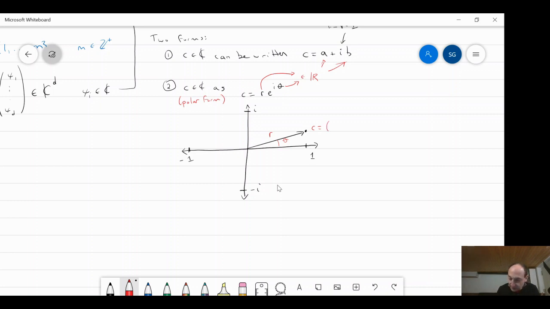In my notes I have this point as cos theta, sine theta, which doesn't seem right because it doesn't depend on r, so maybe there's a typo in the notes that I need to fix. But the key point to take away is that r is the length of this vector and theta is the angle it makes.